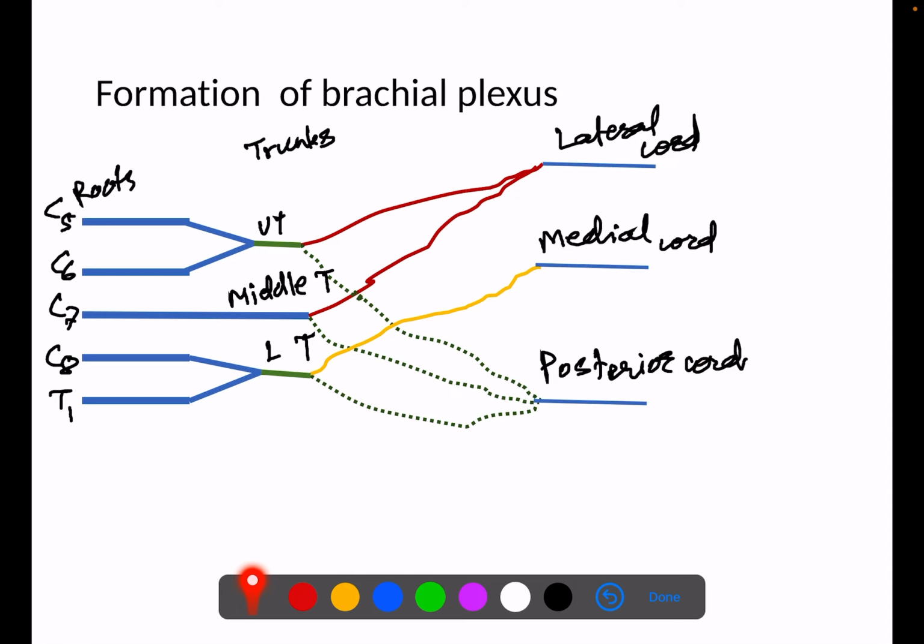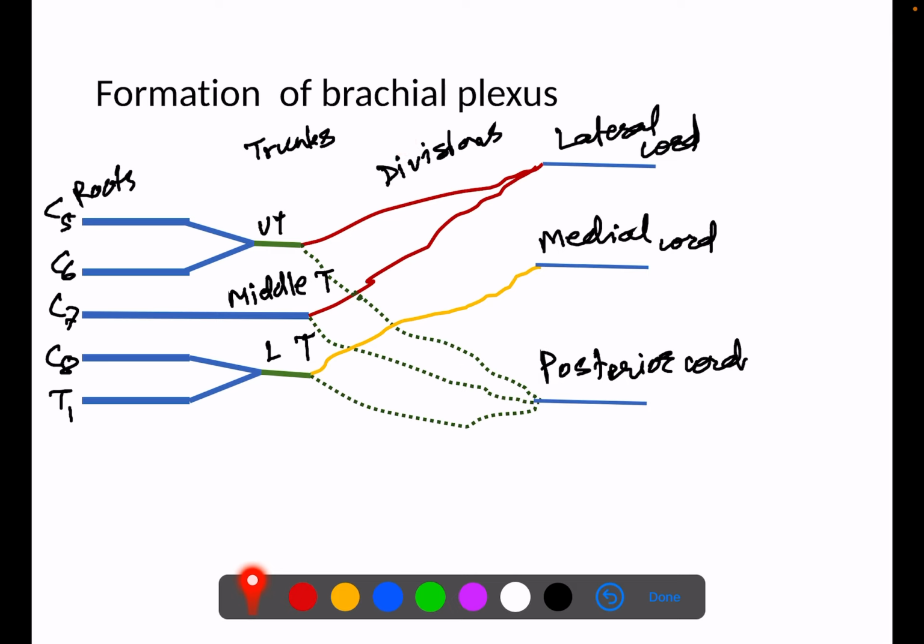Now the branches arise from the roots, trunks and cords. These are the divisions. Branches do not arise from the divisions, and in the trunks they arise only from the upper trunk. Now these divisions are present posterior to the clavicle.